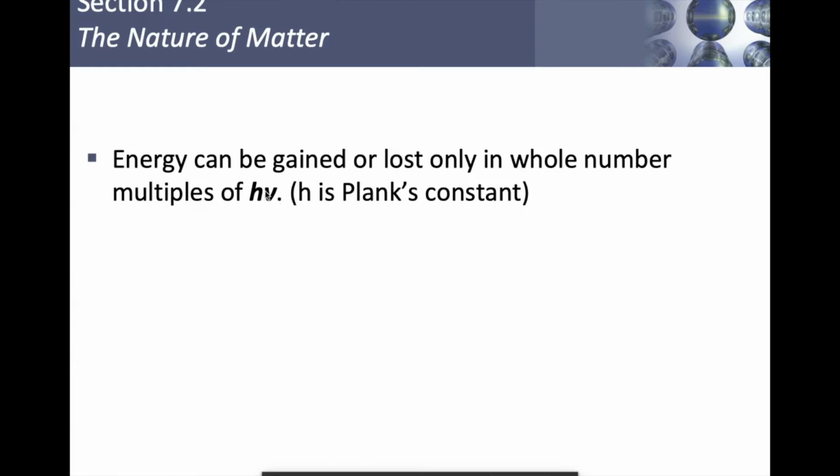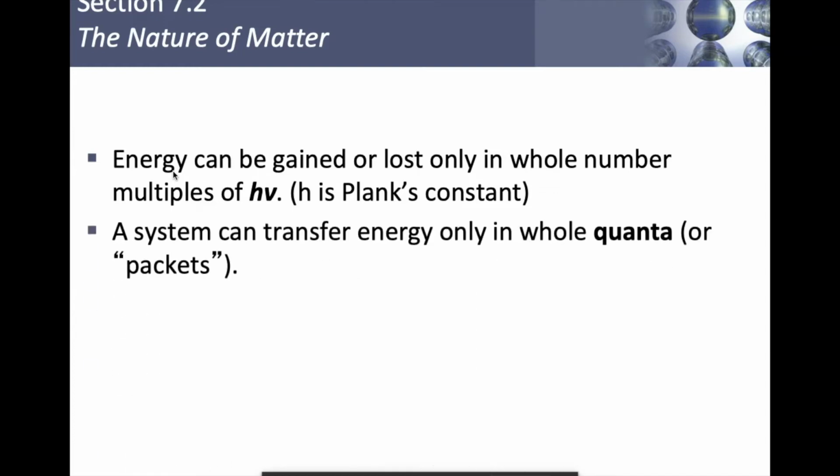And this little ν is not really a V. It's the Greek letter nu, and that's frequency. So if you multiply Planck's constant by the frequency, energy can only be lost in whole number multiples of that. And what that means for us is that energy can only be transferred in whole quanta.